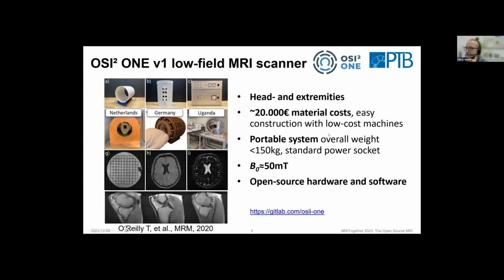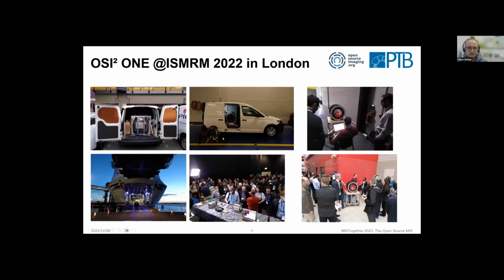Yeah, and the scanner that Tom was already mentioning that we are working on is this OZ1. I just called it version 1. That was shown, so it's around 20,000 material cost. It's a relatively portable system, 50 millitesla, and there are these 3 different systems at the moment in Leiden, Berlin, and Uganda, and some images of the head, phantom, and knee that you can see here.